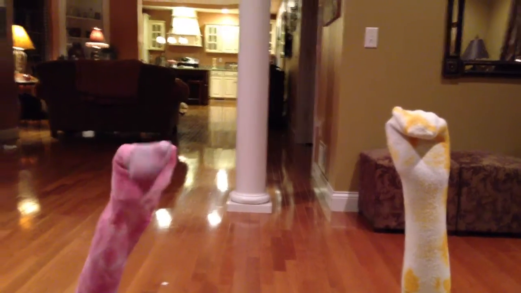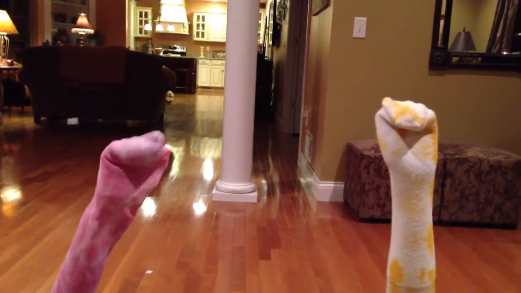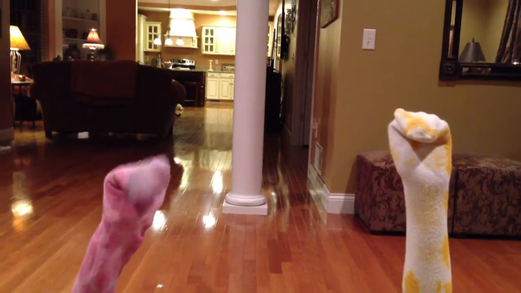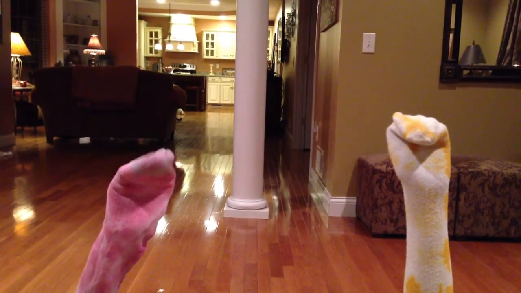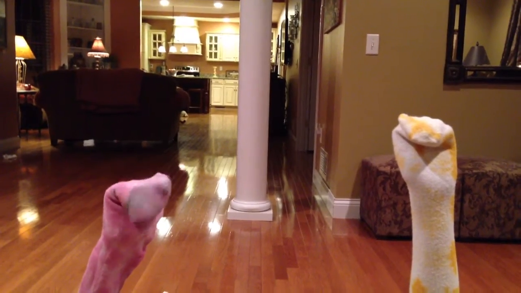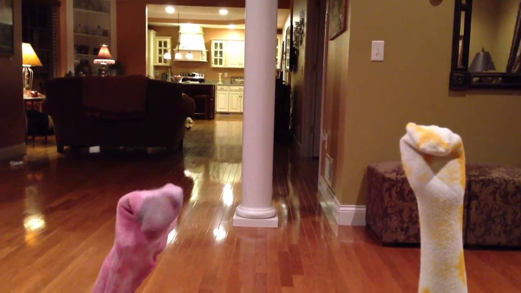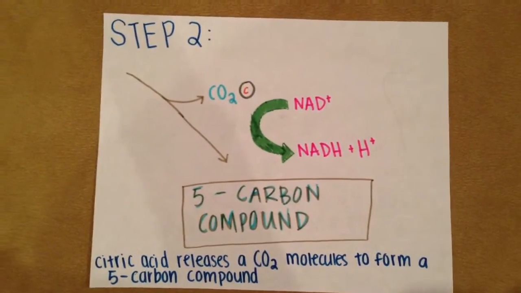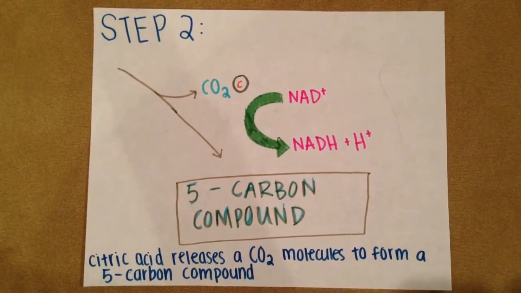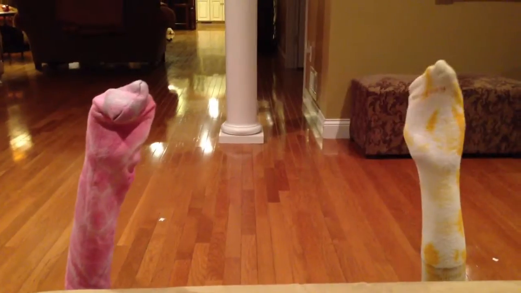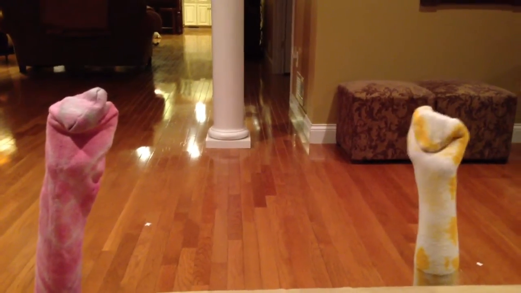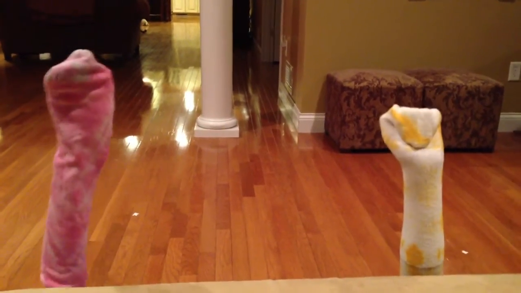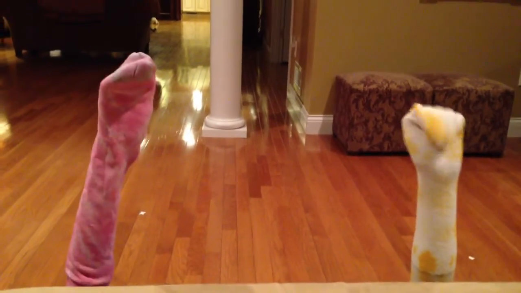Step 2. Citric acid releases a CO2 molecule and a hydrogen atom to form a 5-carbon compound. By losing a hydrogen atom with its electron, citric acid is oxidized. The hydrogen atom is transferred to NAD+, reducing it to NADH. Step 3. The 5-carbon compound releases a carbon dioxide molecule to form a 4-carbon compound.